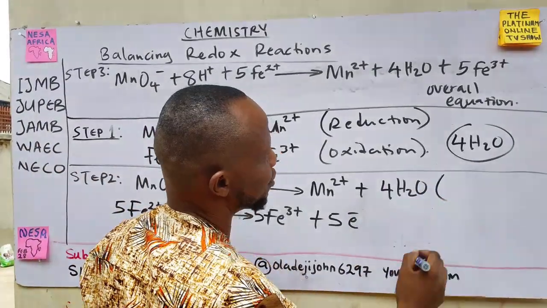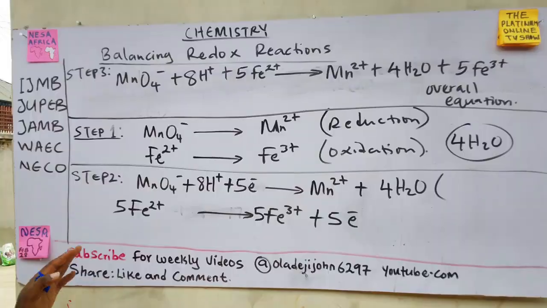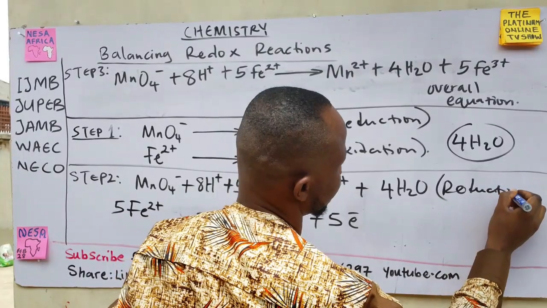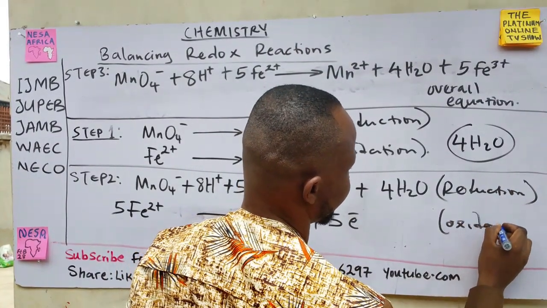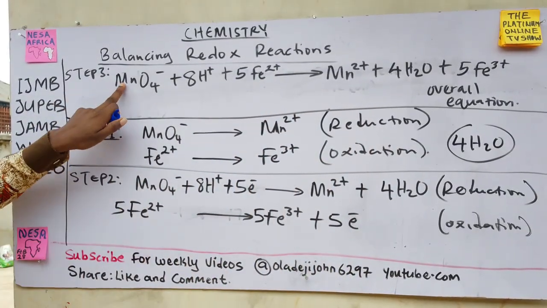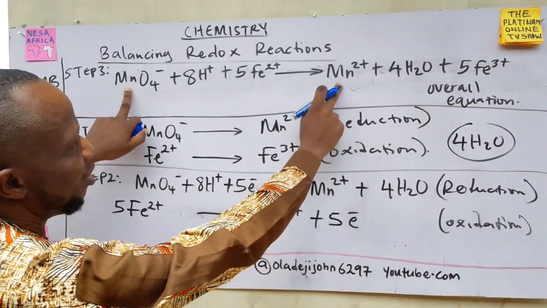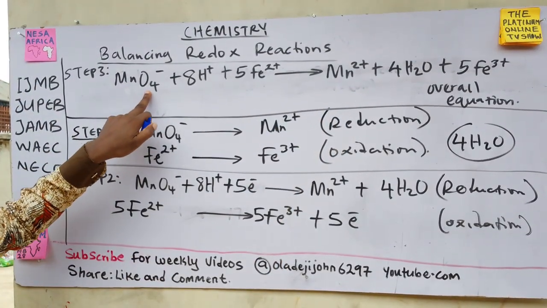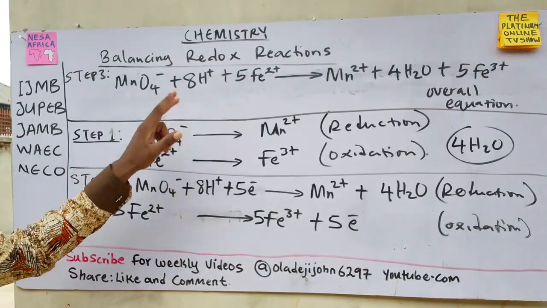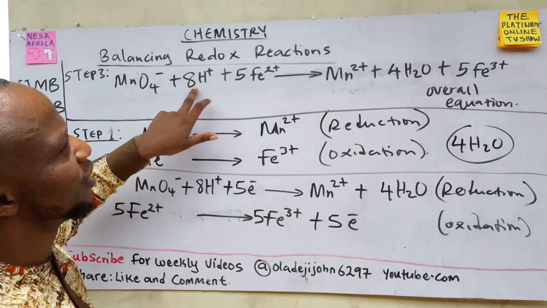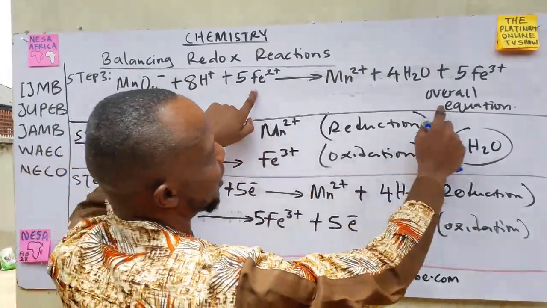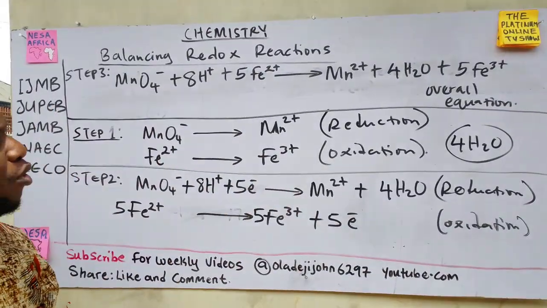Quickly, let's balance the charge on the left-hand side and see if it equates the right-hand side, and the elements all together. Here we have one atom of manganese, and 4 oxygens are taken here. We have 8 hydrogens: 4 times 2 gives us 8 hydrogens, balanced. 5 iron here, and 5 iron here, also balanced.